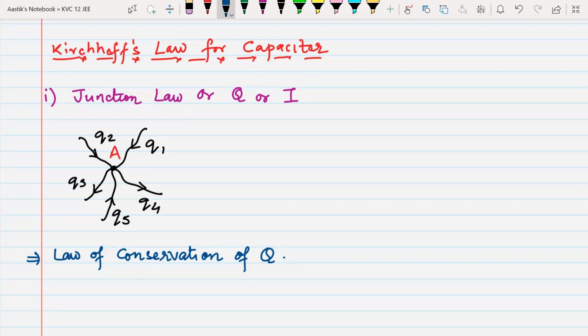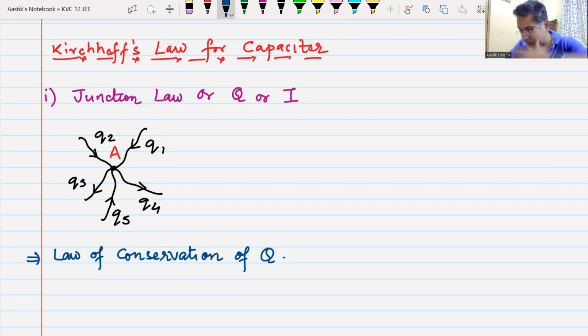Summation of all charges is 0, sir. So does it take 20 hours to say this? Summation of all charges is 0, or in a simple case, I can say the incoming charge, if I take it as positive, then the outgoing charge becomes negative. So in simpler terms, incoming charge will be equal to the outgoing charge.